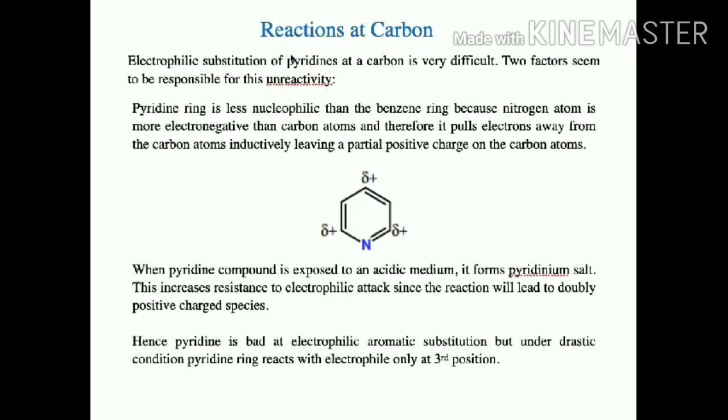So how can we do reactions at carbon? Electrophilic substitution of pyridine at carbon is very difficult. Two factors seem to be responsible for this unreactivity. So what are the factors? The pyridine ring is less nucleophilic than the benzene ring because the nitrogen atom is more electronegative than carbon atoms, and therefore it pulls the electrons away from the carbon atoms inductively, leaving a partial positive charge on the carbon atoms.